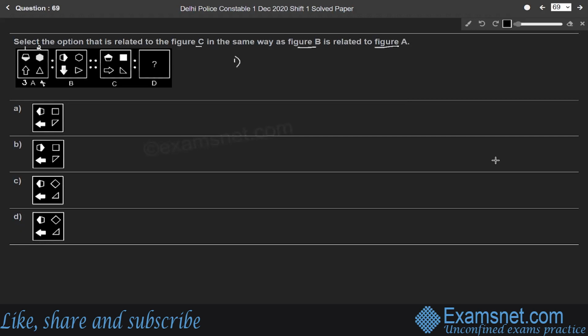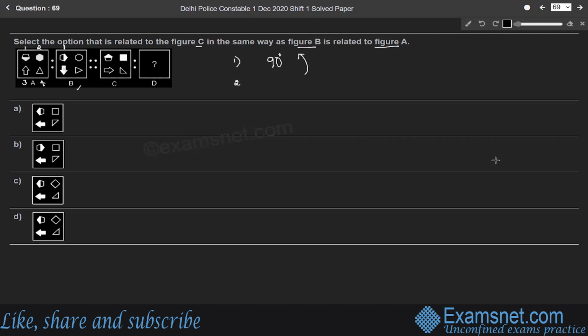When this inverted pentagon is rotated through 90 degrees in the anti-clockwise direction, we get image 1 of figure B, and the shaded part will be as it is.